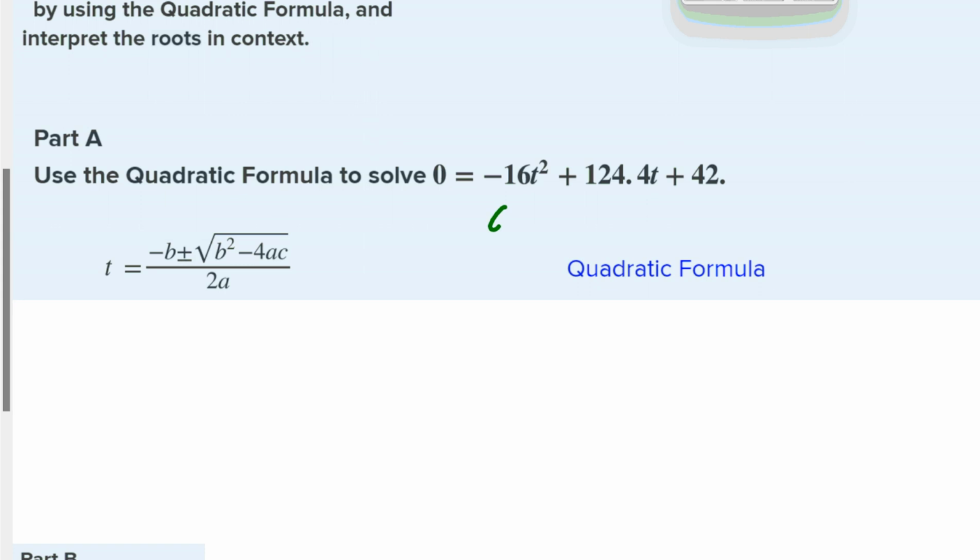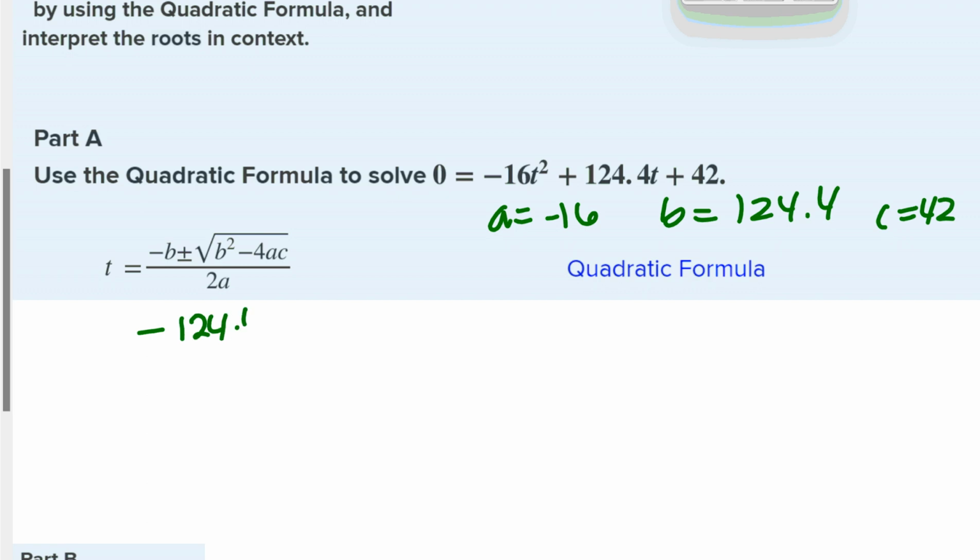Okay, my a is negative 16, my b is 124.4, and my c is 42. So I do negative b, that'd be negative 124.4 plus or minus the square root of b squared. Remember, whenever you square b, put it in parentheses, because even when you square a negative, it's going to be positive.